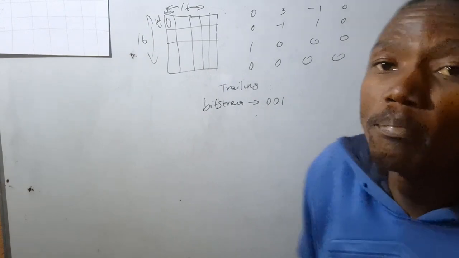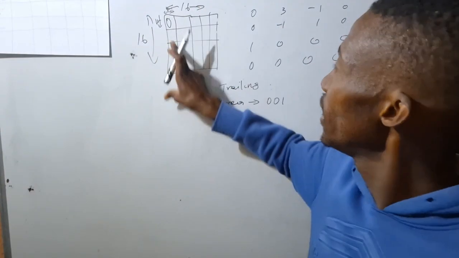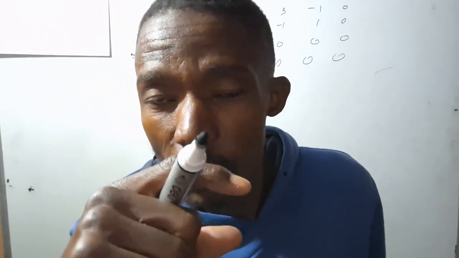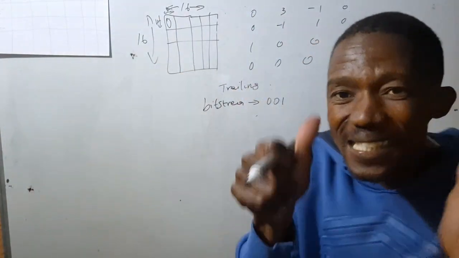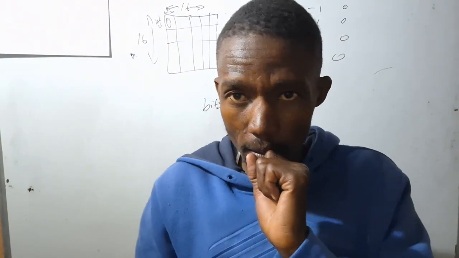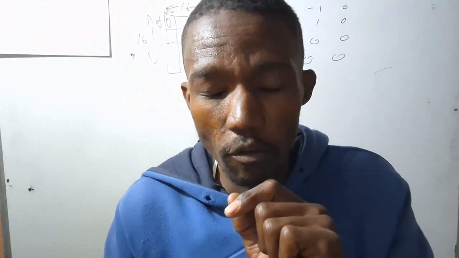So that means each block in a macro block, remember we said a block is a 4 by 4 block of pixels, which means it's 16 pixels altogether. Each 4 by 4 block is composed of 16 pixels, and we have 16 of those 4 by 4 blocks in a macro block. Does that make sense? So here, the smallest component that we are going to deal with is a 4 by 4 block, which is composed of 16 pixels.